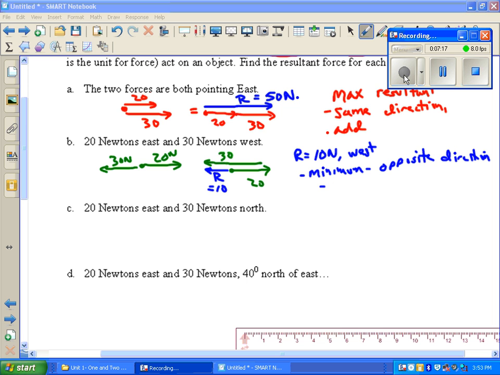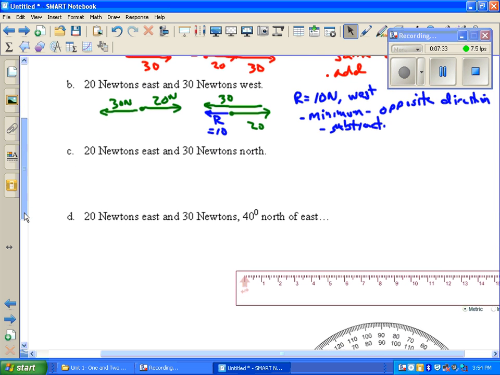And to get the resultant, you can just subtract them. So you don't really need to draw them out like I did. That was just to show you what's going on. If you have a 20 and a 30 going in the opposite direction, you know the result's going to be 10. You just subtract.